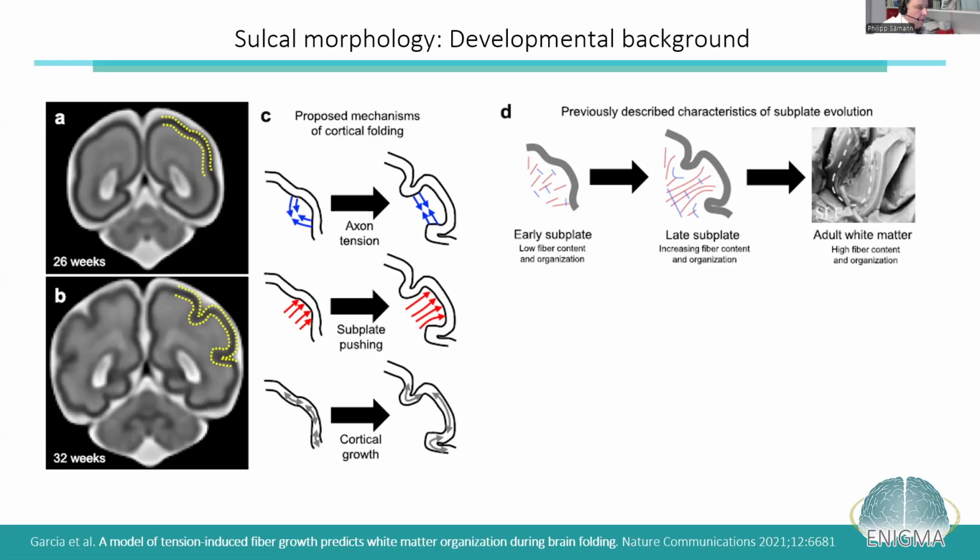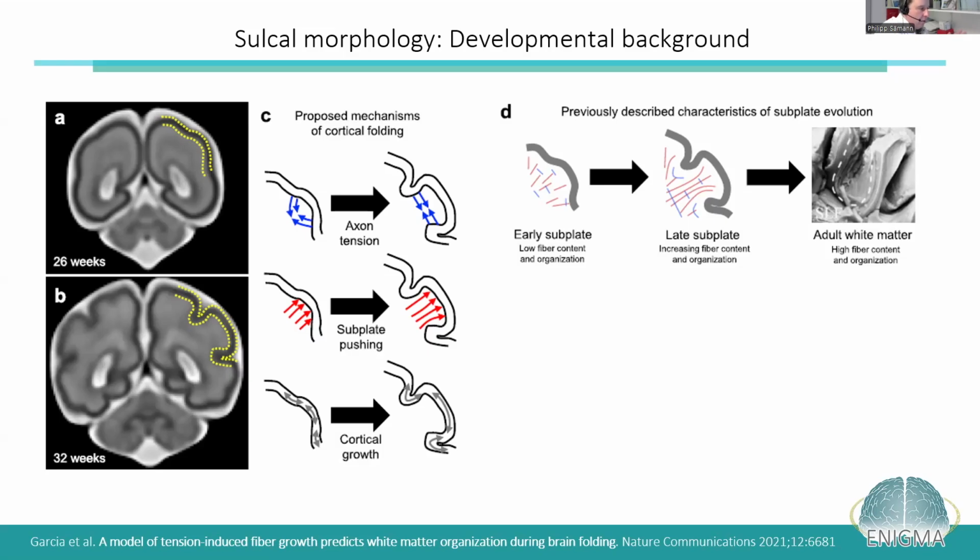So again, the same principle displayed on the right side. In the early subplate phase, you have a low fiber content and organization, and this becomes then more and more organized with fibers developing into the gyrus and also fibers into the orthogonal direction at the basis of the gyrus that also exert mechanical forces.